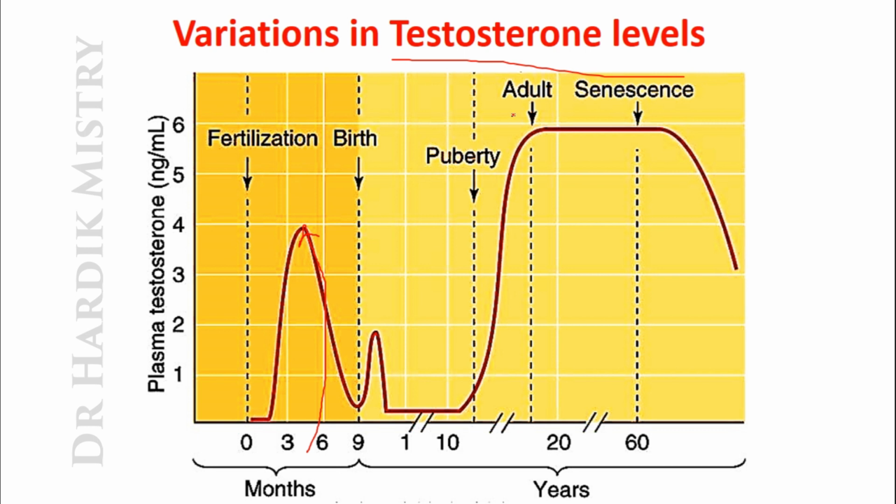Throughout the adult life, the testosterone level is maintained at a high level, and after the reproductive age, at about 50-60 years, there is a decrease in the testosterone level. So these are the variations of testosterone level according to the age of the male.